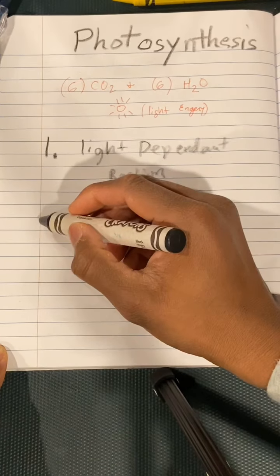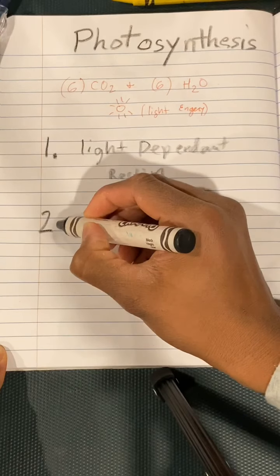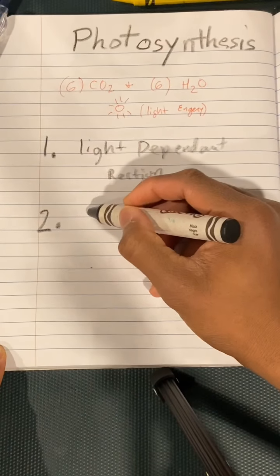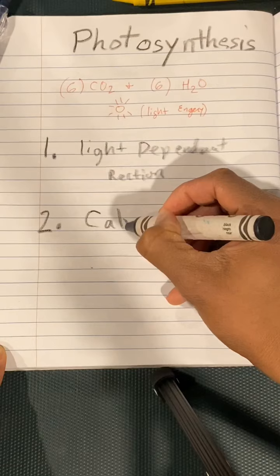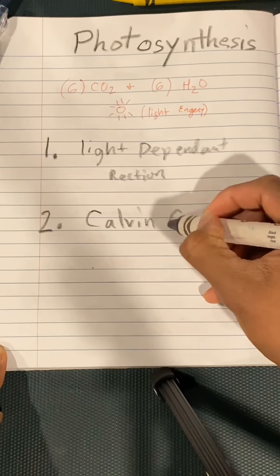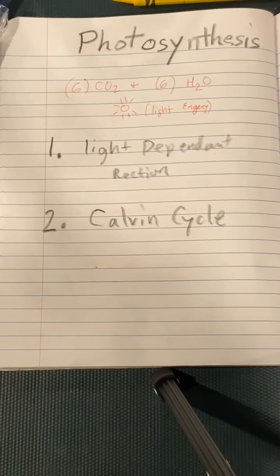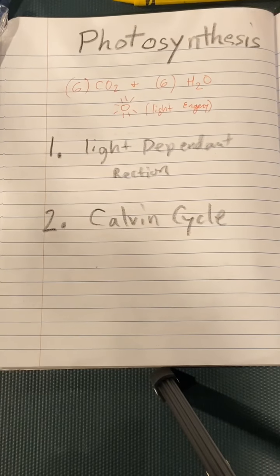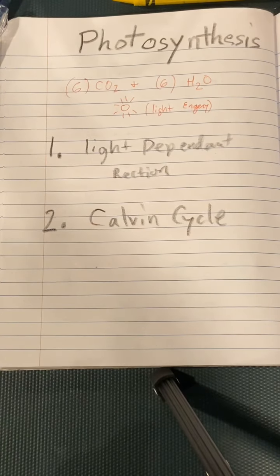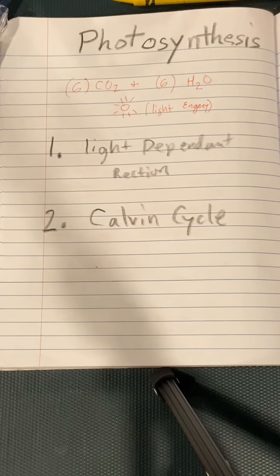And then you got our second step, which is the Calvin cycle. Now, during the Calvin cycle, energy stores from the light-dependent reaction are used to make sugar molecules.